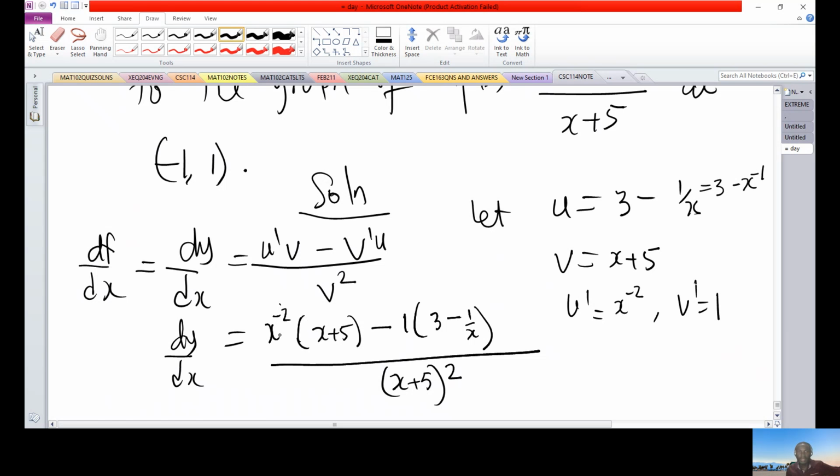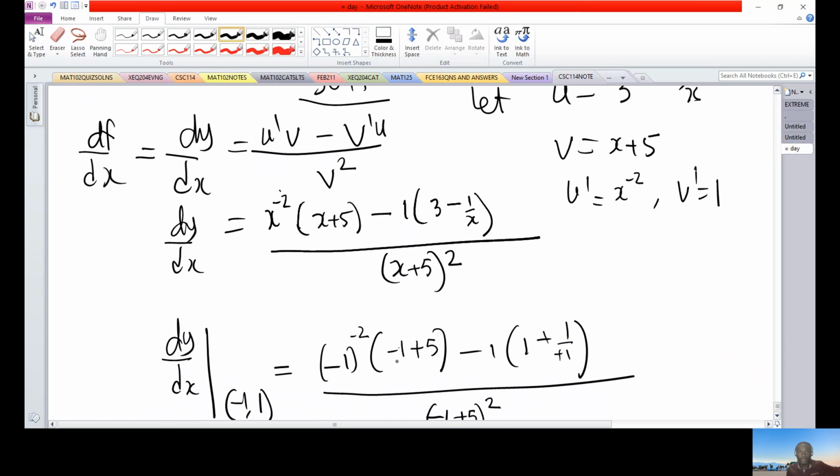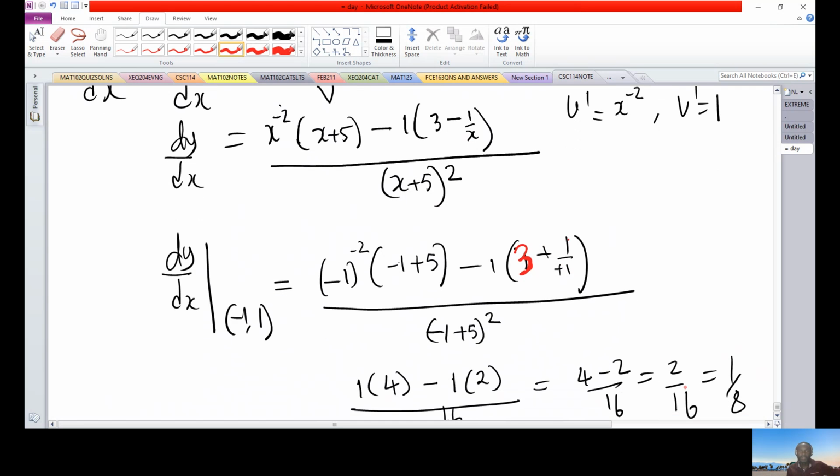So at this point, where there's x, you put negative 1. So negative 1 raised to power minus 2, then we have negative 1 plus 5, minus 1 into 3 minus 1 over negative 1, so that will have plus here. So 3 plus 1 is 4, and the earlier result was not correct.